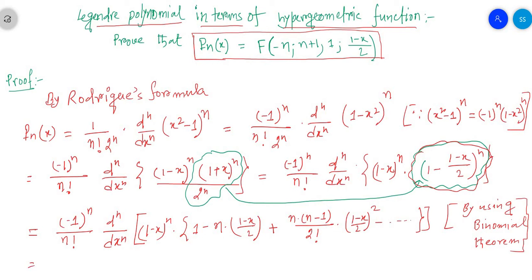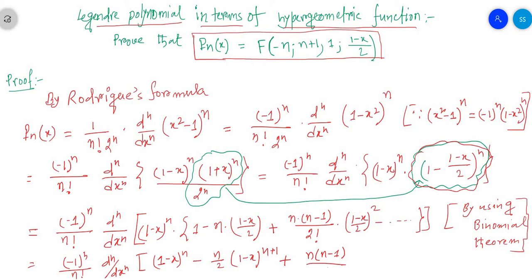The above series can be written as (-1)^n over n factorial, d^n/dx^n of (1 minus x)^n minus n/2 (1 minus x)^(n+1) plus n(n-1) over 2 factorial into 2 squared (1 minus x)^(n+2) minus dot dot dot up to infinity.